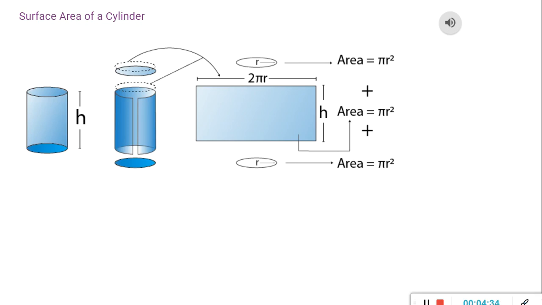Then the side that is the length will be equal to the circumference of the cylinder, because the cylinder is in a round circle shape. So the circumference of the circle is equal to the length of the rectangle. Then what is remaining there? Height.